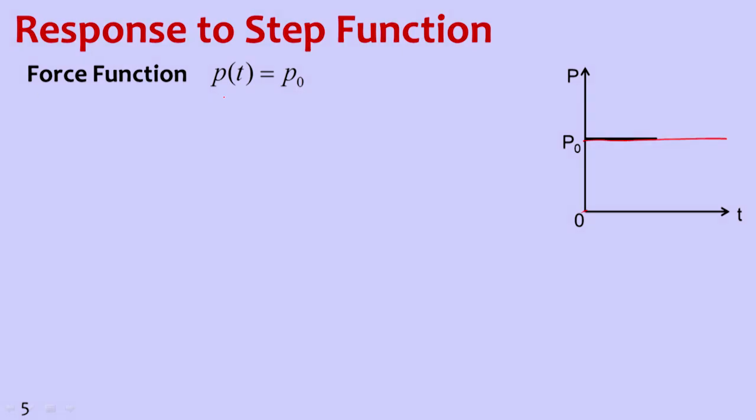The force function P(t) is constant, so continuously at any point of time P0 is there. That is, a fixed force is acting on the system. Let us find the response of the undamped system.